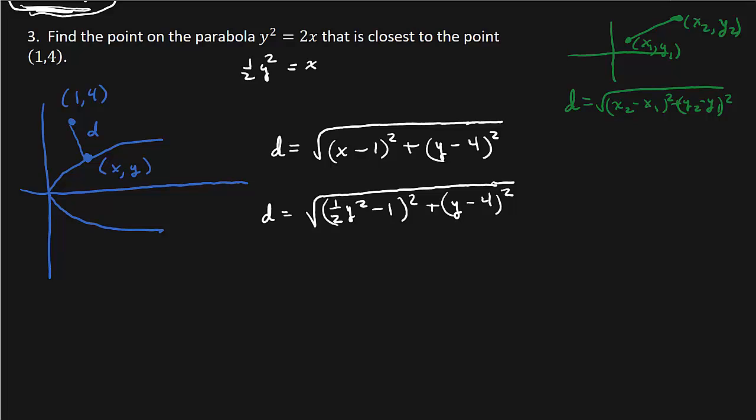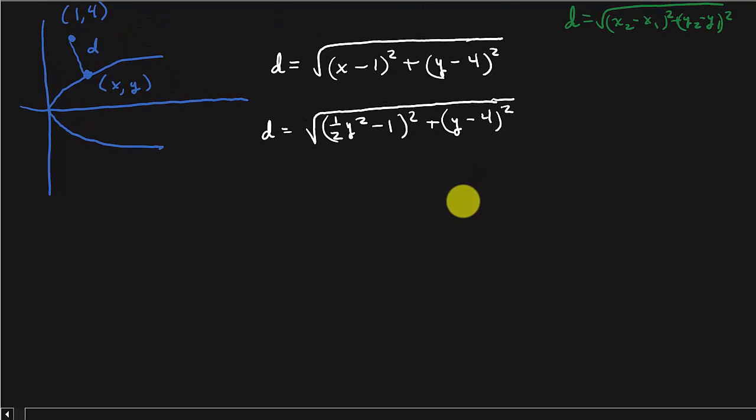All right, so what do we need to do now? We need to take the derivative, right? To take the derivative, I don't know if you've watched a lot of my videos, but I have a video out on a shortcut for finding the derivative of a square root.